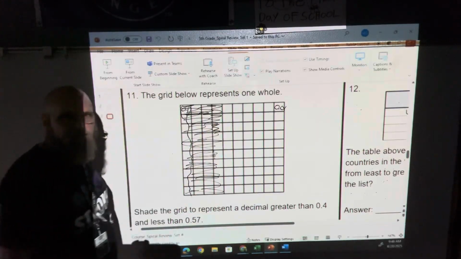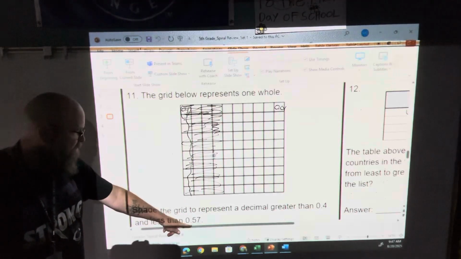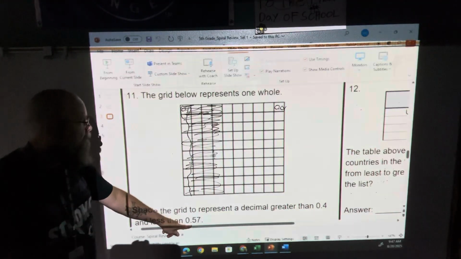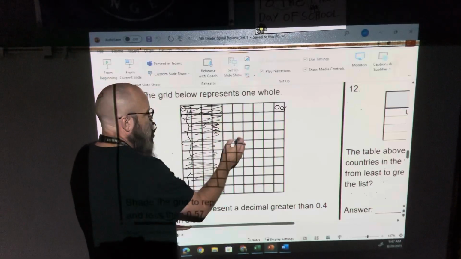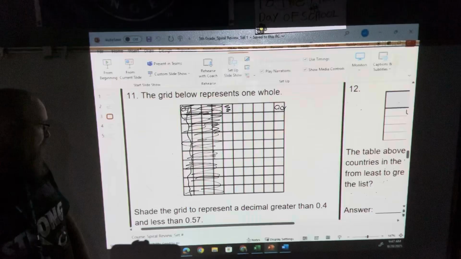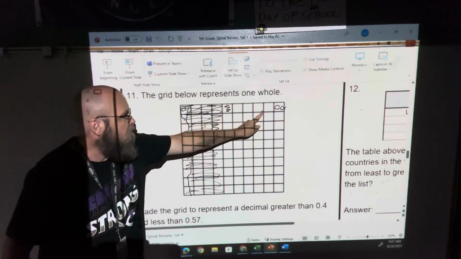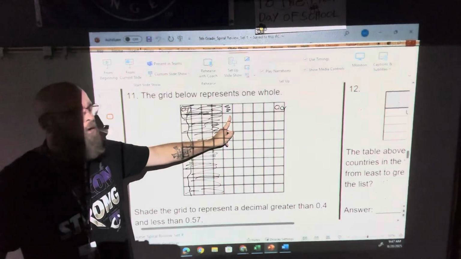You have to have more than that, but less than 57/100. You could color in 41/100, because you have 41 of these little boxes, and each box is worth 1/100.